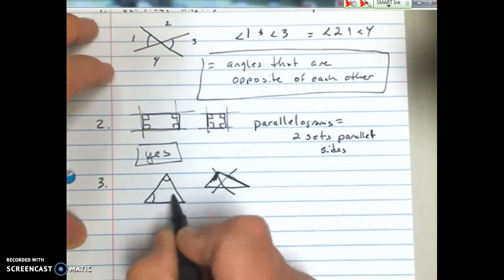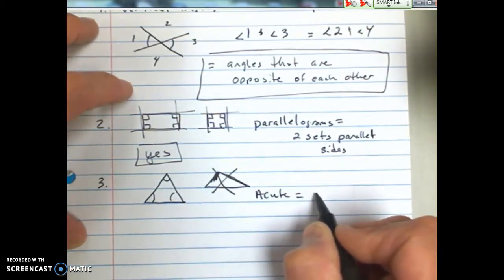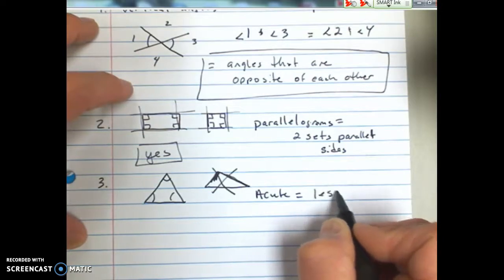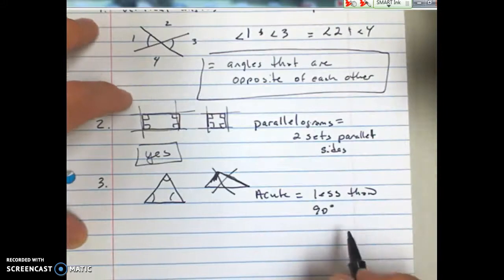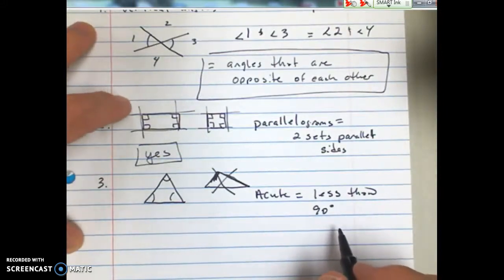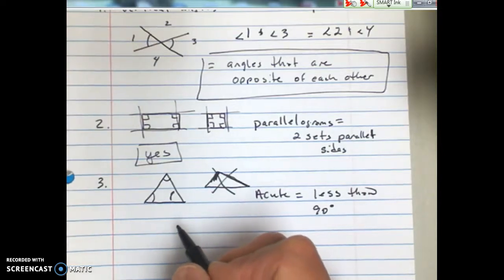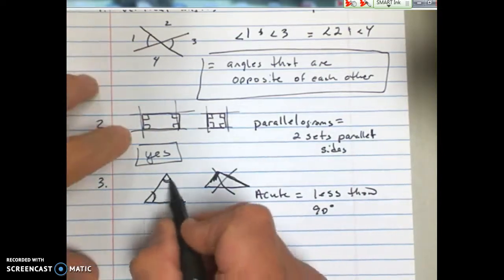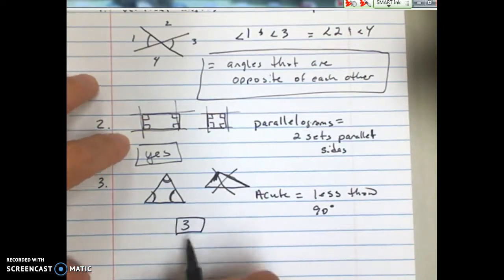So acute angles are all less than 90. Acute means less than 90 degrees. So if they're all less than 90 degrees, they are all acute. How many acute angles does an acute triangle have? Well, 1, 2, and 3. So the answer is 3 angles.